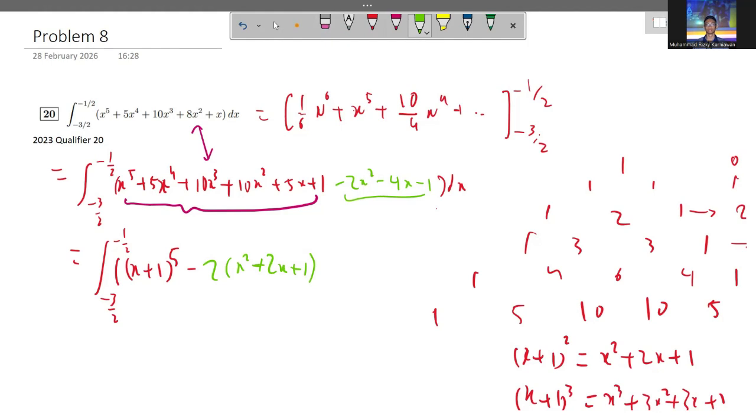Notice that if we multiply this, it becomes negative 2. If you multiply 2 and 1 here, you get negative 2. But you have negative 1 here. So you have to add 1 to get the form back.